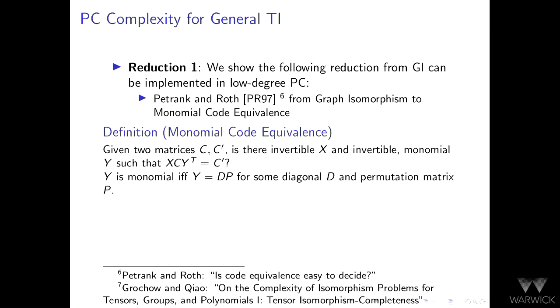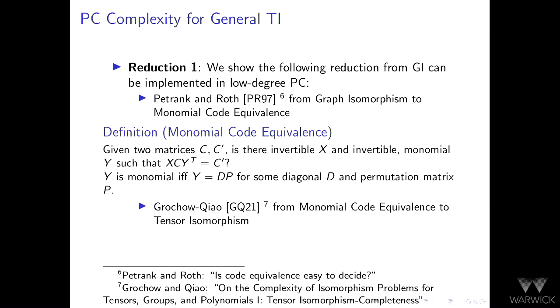So the first reduction is due to Petrank and Roth that reduces graph isomorphism to monomial coequivalence, where monomial coequivalence is the problem of, given two matrices C and C prime, is there an invertible matrix X and an invertible monomial matrix Y such that X C Y transpose equals C prime. And in particular, a monomial matrix is a matrix that can be decomposed as the product of a diagonal and a permutation matrix.